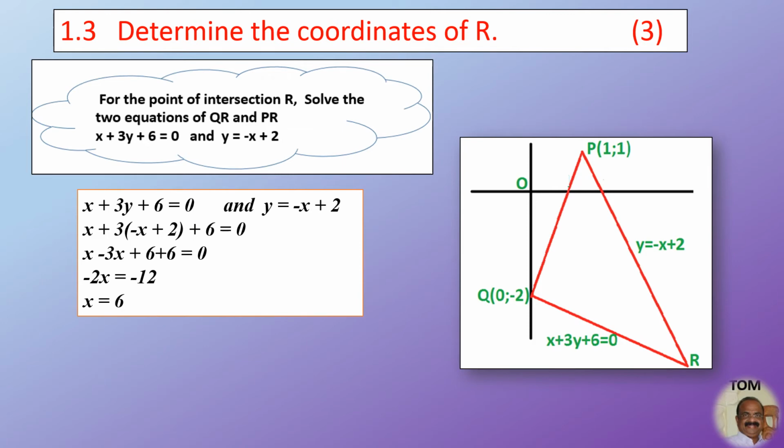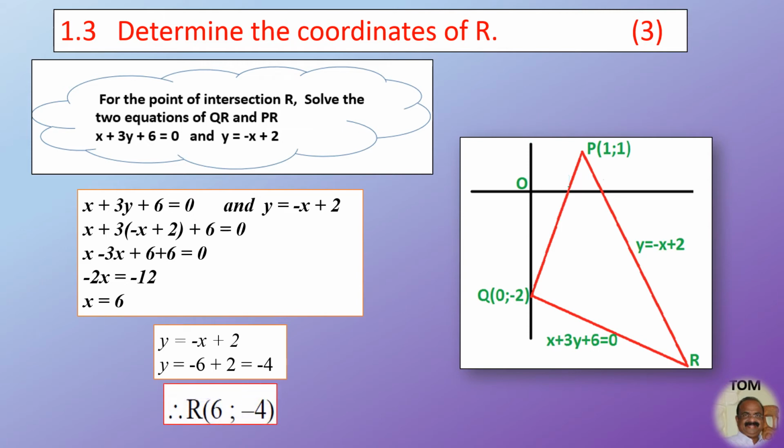Now the x-coordinate of R is 6. Then we choose the simplest equation, that is y equal to minus x plus 2, and substitute x equal to 6. We get the y-coordinate equal to minus 4. Thus we have the coordinates of R, (6, minus 4).